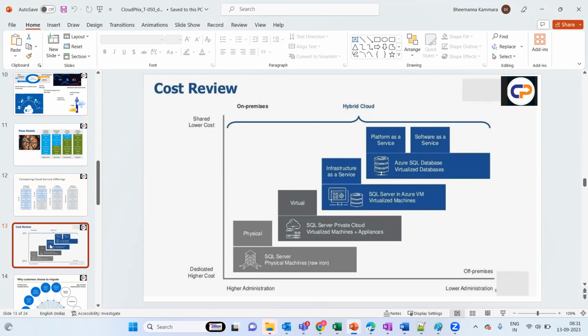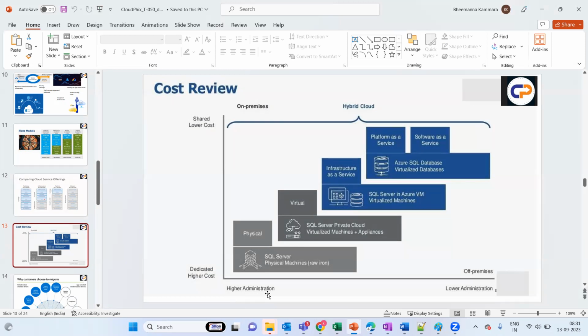In earlier days, 10 to 15 or 20 years back, physically you had servers residing on raw iron, and you had to maintain the physical premises, cooling, and server maintenance people.